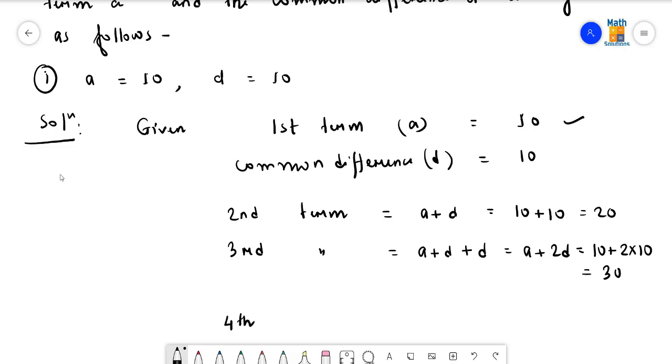Similarly, the fourth term can be written as A plus 3D. So here I get 10 plus 3 into 10, and the result comes as 40. So the first 4 terms of this AP are 10, 20, 30 and 40.